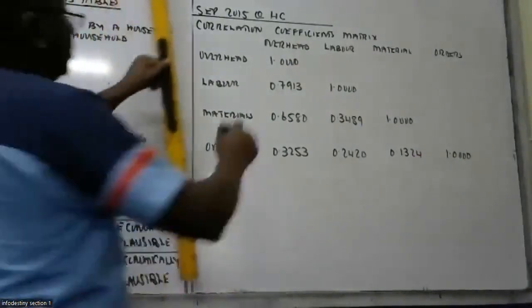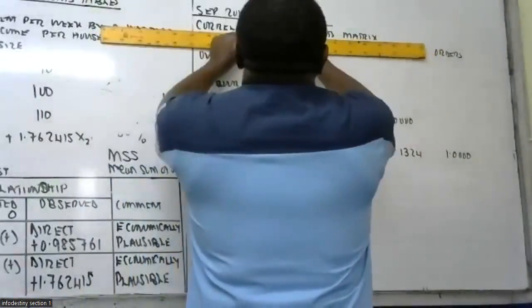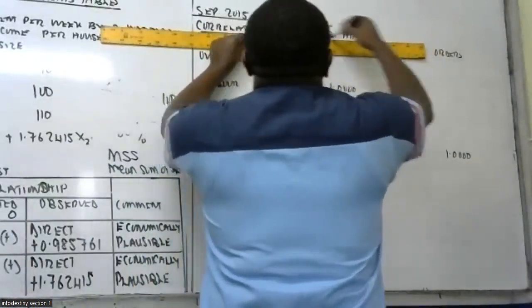So that is the matrix, the correlation coefficients matrix.